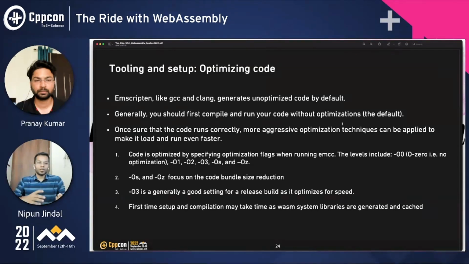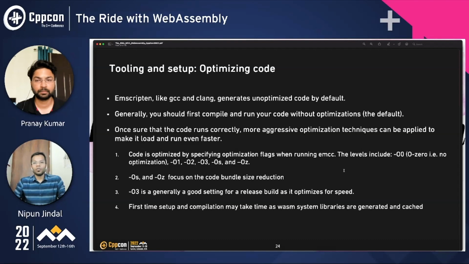It is also possible in a normal C++ application, but for WASM, let's say your home page is dependent on a WASM, so you might want to reduce the code size there because the load time is very critical for any home page or any page to be cited very well. So pick and choose the right optimization flag that you want.